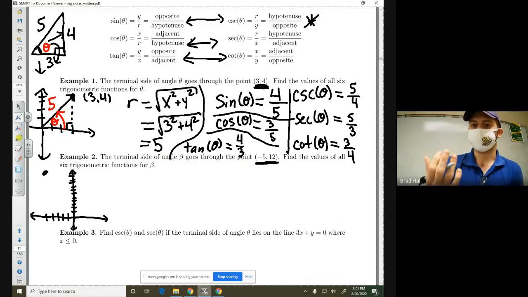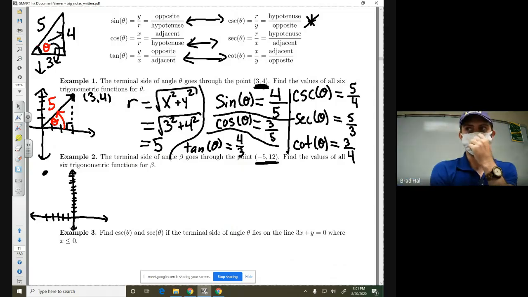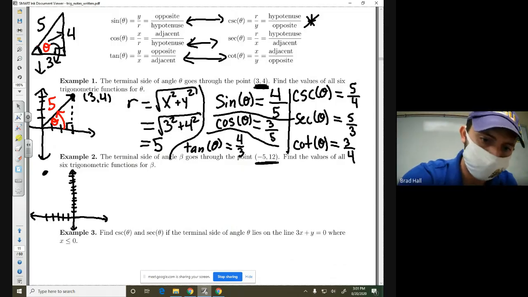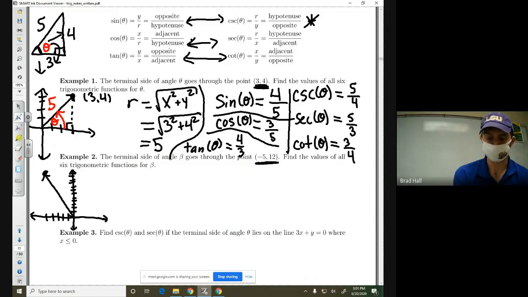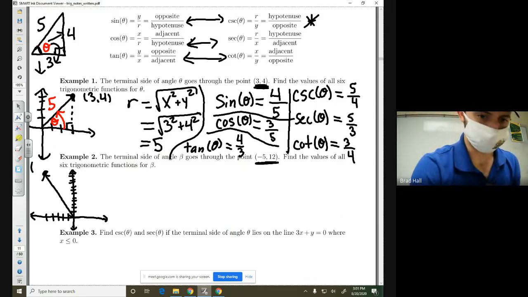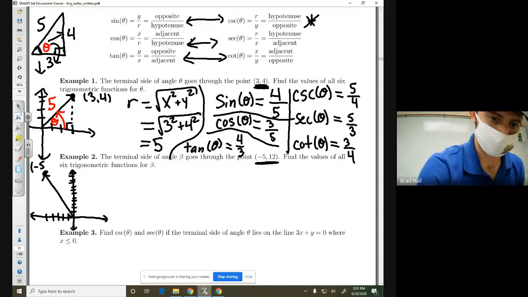So we plotted the point. Now this is the point corresponding to the terminal side. That means the terminal side is now pointing to that point. And of course, this point is -5, 12.